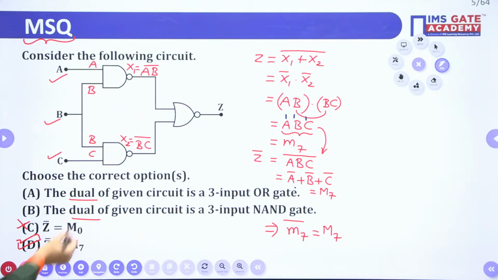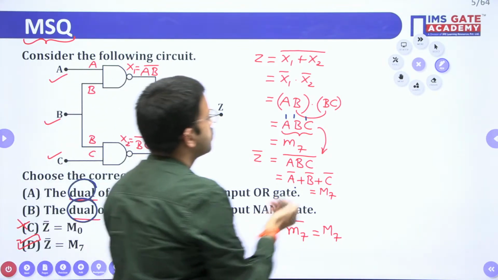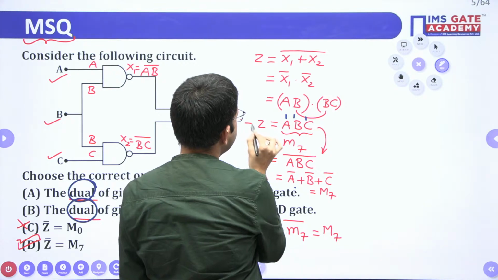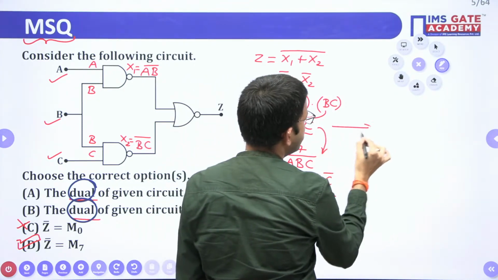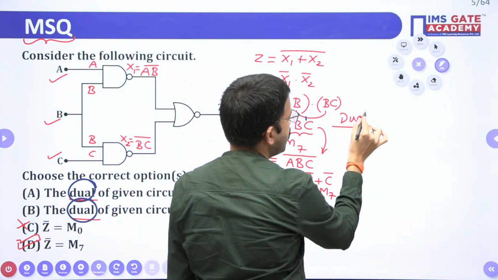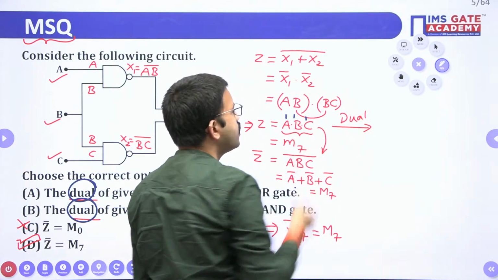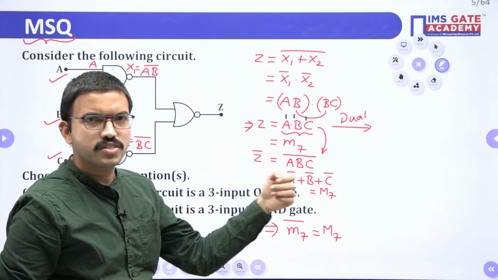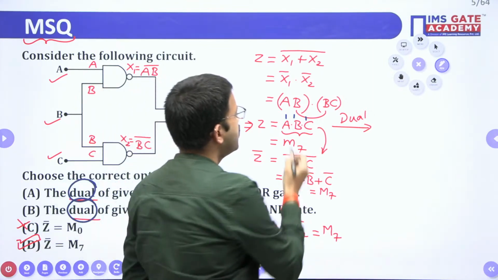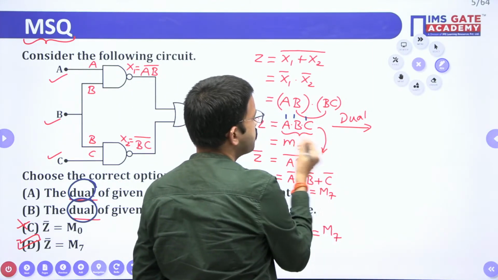Now let us see regarding the duality. Here we got Z equal to ABC. Now for this function, if you apply dual, in the last class we discussed that wherever logical AND is there, you have to replace it with logical OR, and vice versa. Here we have only one type of operator, logical AND.